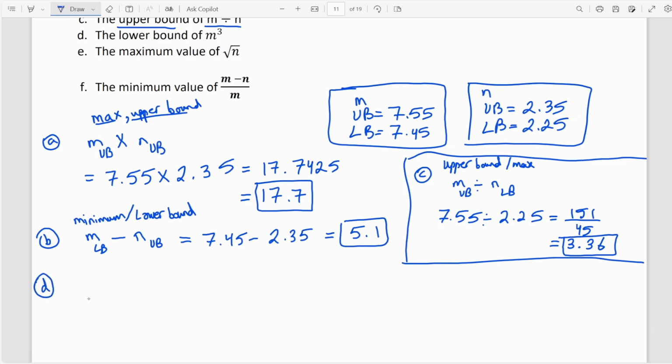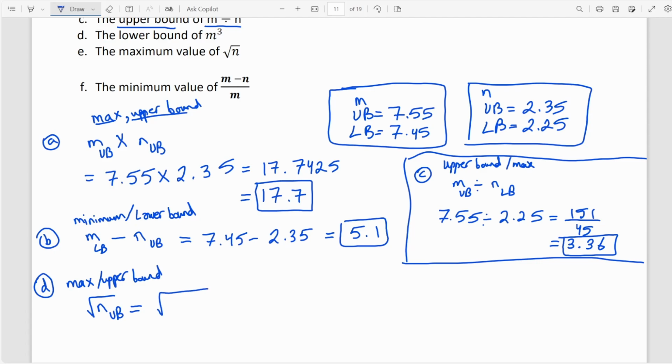They want the maximum value of the square root of n. So we want to achieve the maximum or the upper bound of taking a square root for n. In order to do that, we take the upper bound for n and then take the square root.